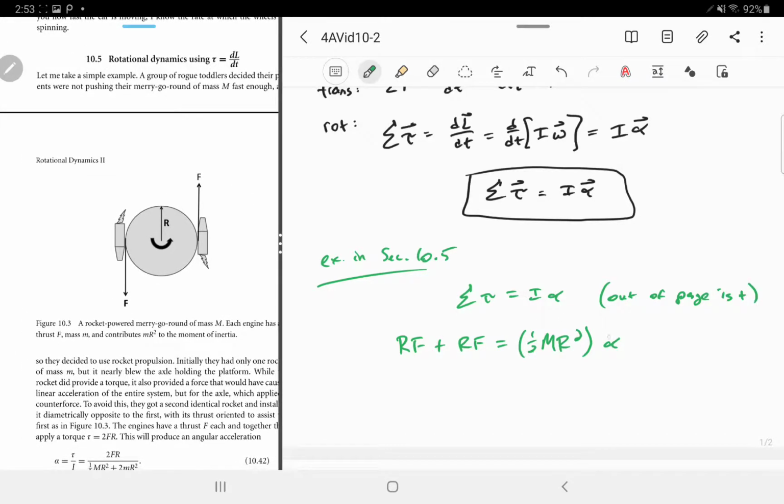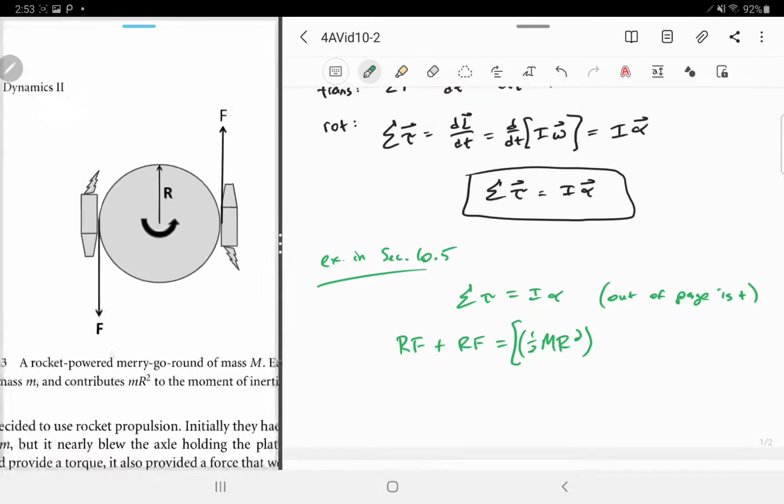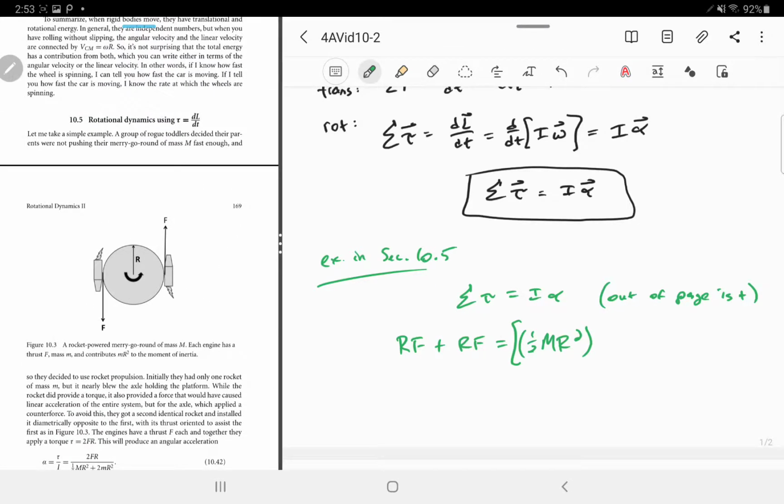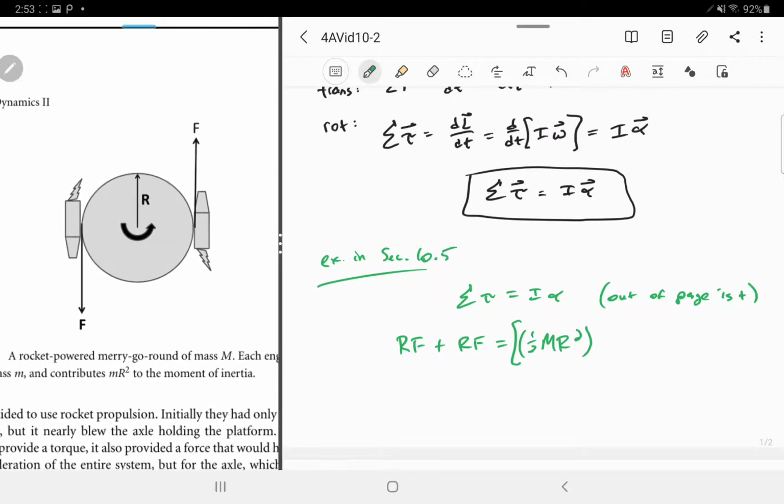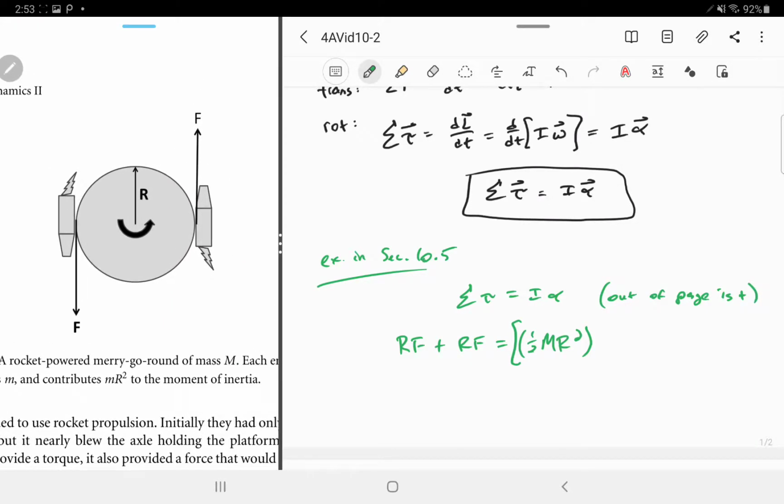So we're not just taking into account the moment of inertia of the merry-go-round, but these rockets are going to weigh some non-negligible amount, or in other words, they have some non-negligible mass. So the merry-go-round has moment of inertia 1/2 capital M r squared. The rockets, each of mass m, they have a contribution to the moment of inertia m r squared, and there's 2 of them.